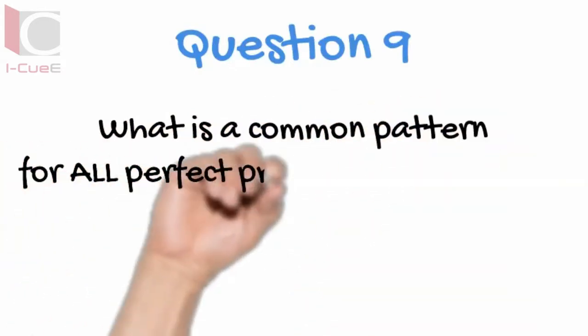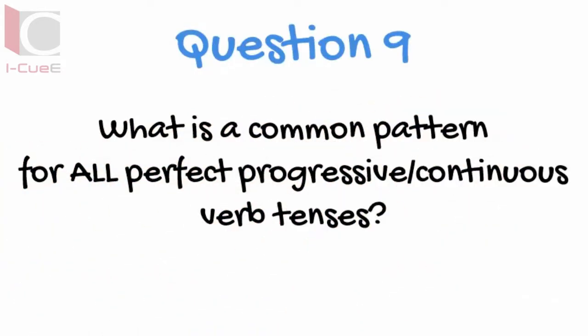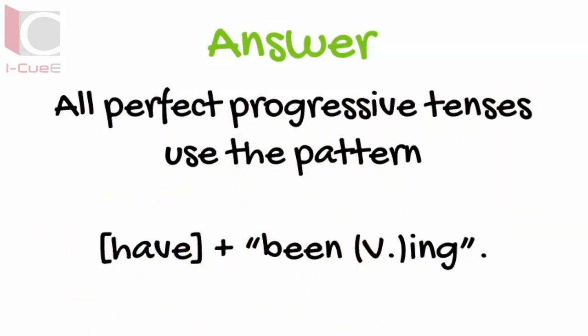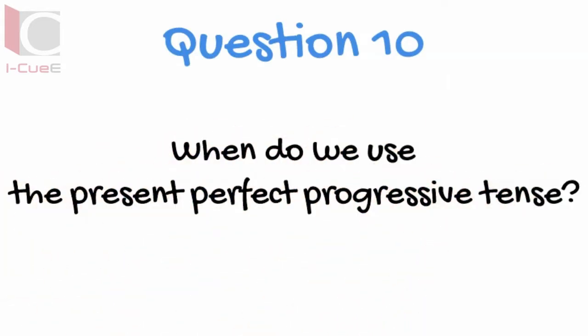What is a common pattern for all perfect progressive continuous verb tenses? All perfect progressive tenses use the pattern have plus been verbing. When do we use the present perfect progressive tense?